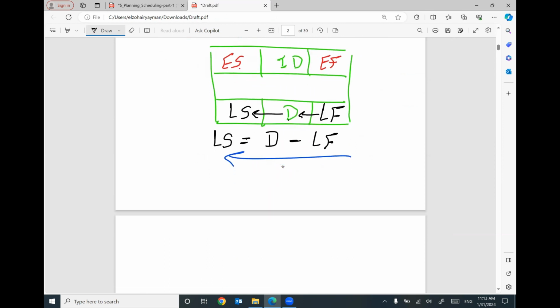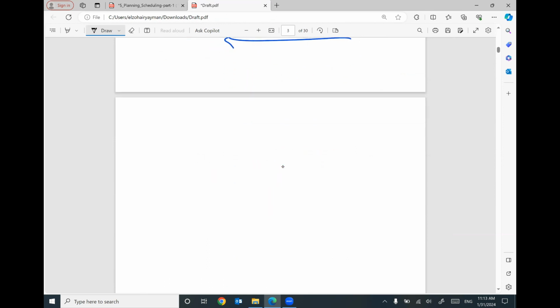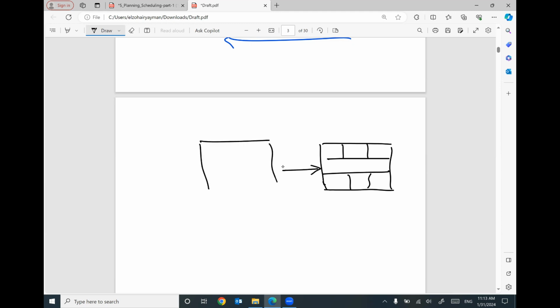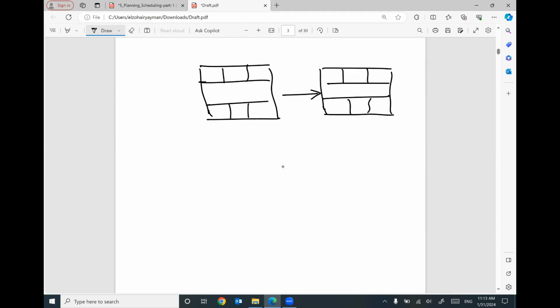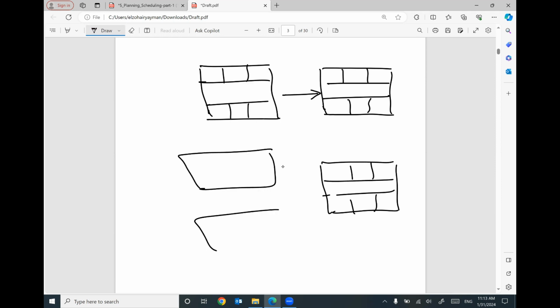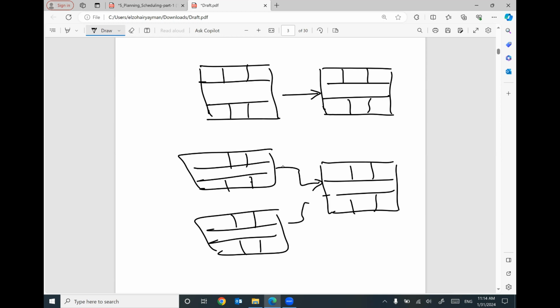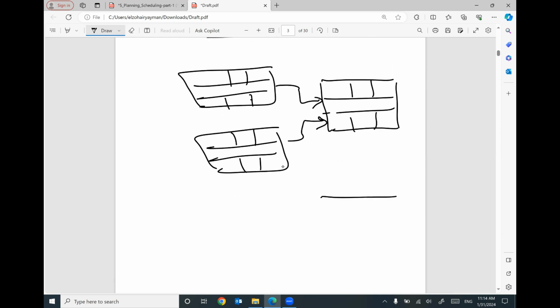What do you mean? Okay. So keep in your mind, if we have an activity like this one, and we have a predecessor activity, sometimes we have this case.